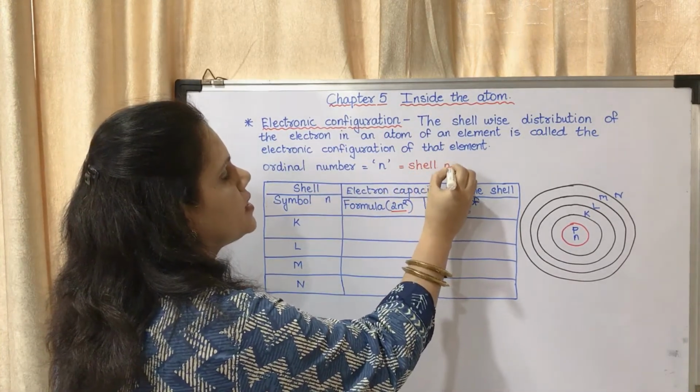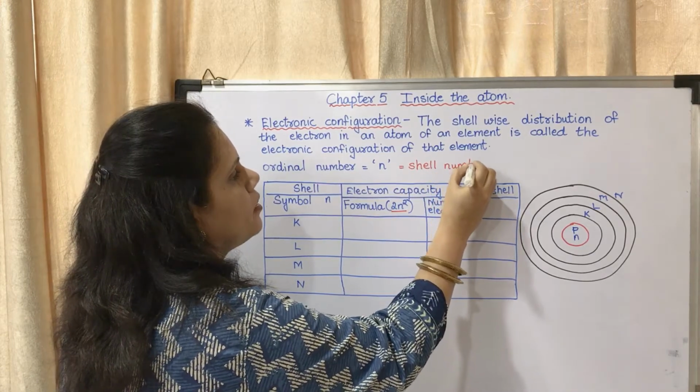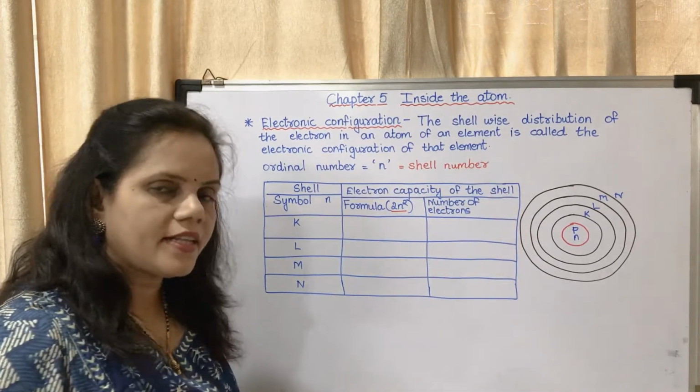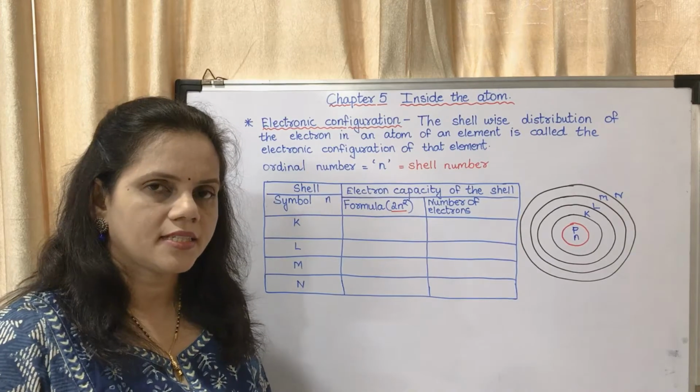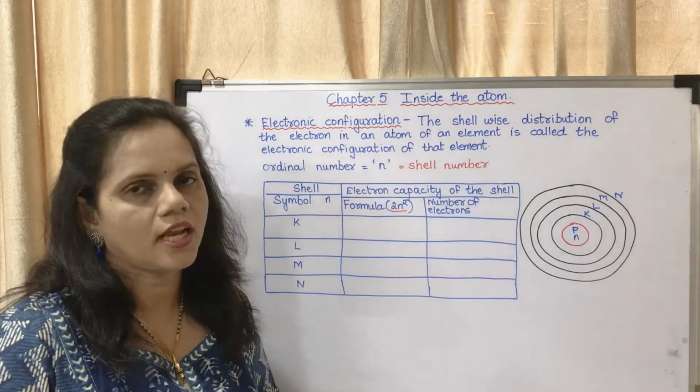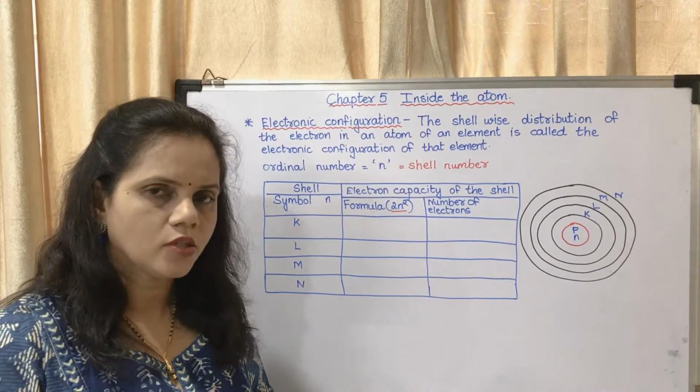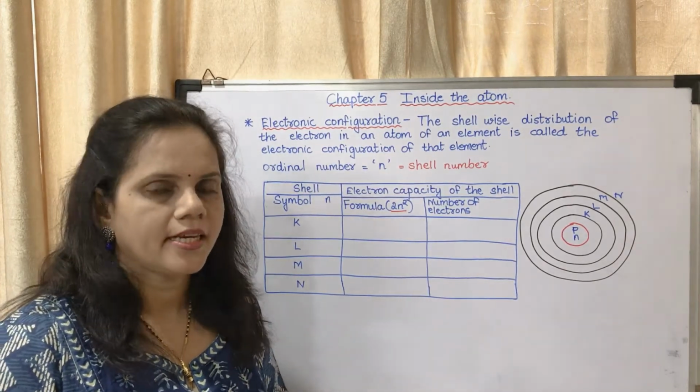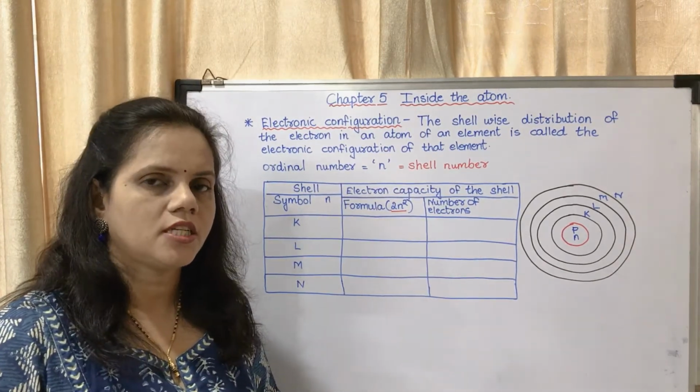Ordinal number means the shell number, whether it is the first shell, second shell, third shell, fourth shell or so on.